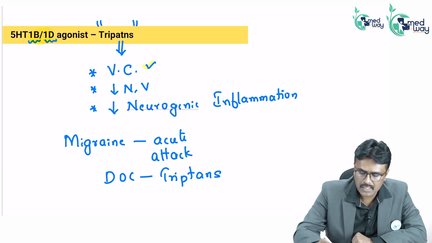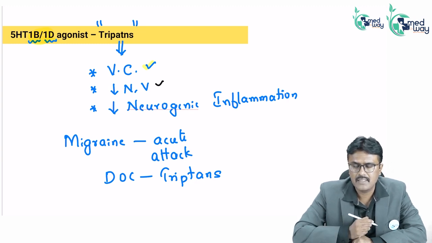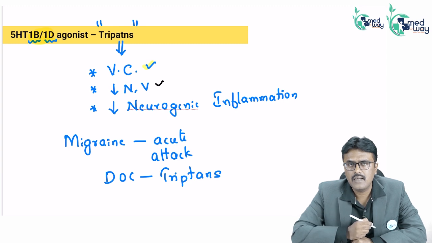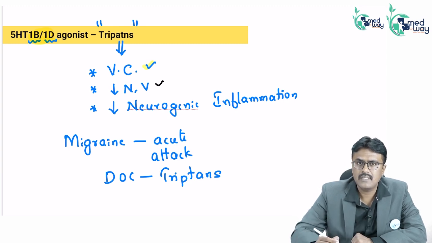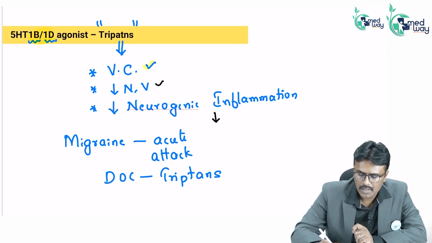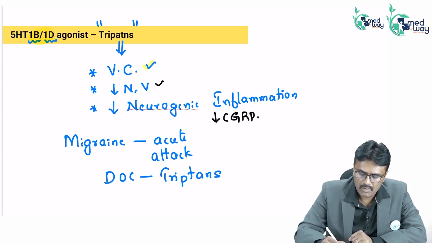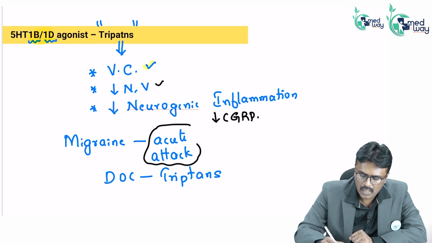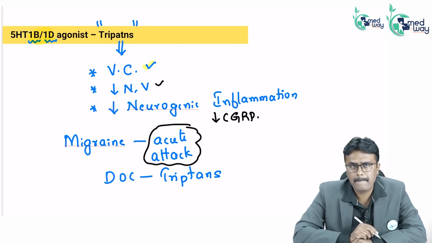And migraine patient, they develop nausea and vomiting, it decreases. And the trigeminal nerve can get inflamed, and there is increase in CGRP levels, that is calcitonin gene related peptide, that is also reduced by the triptan drugs. So that is the reason why these are the drug of choice for acute attack of migraine. So that is about triptans.